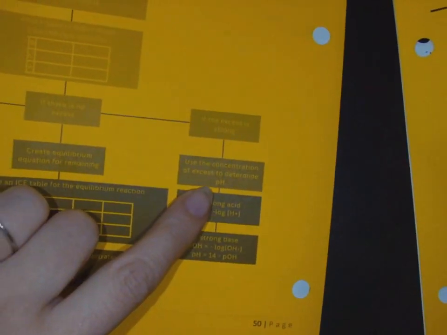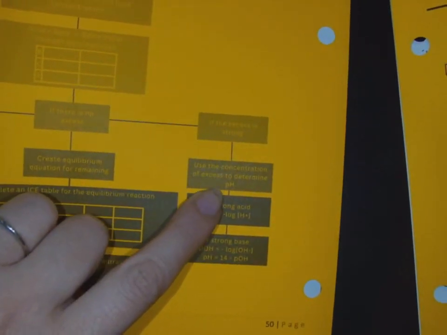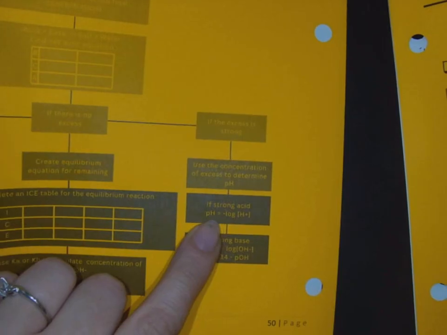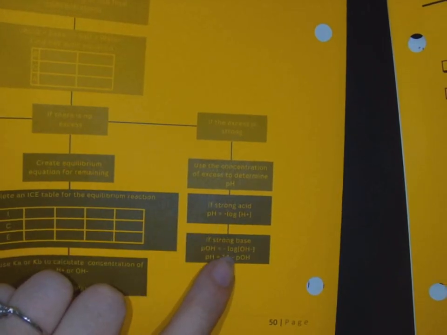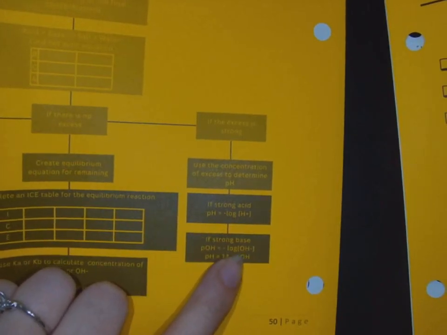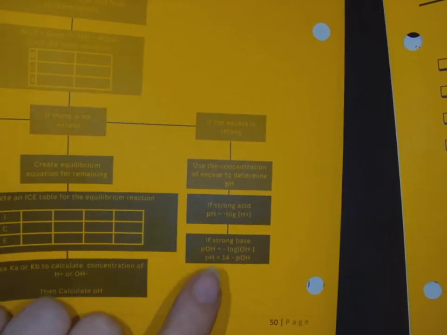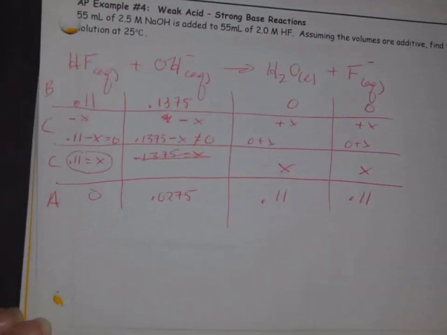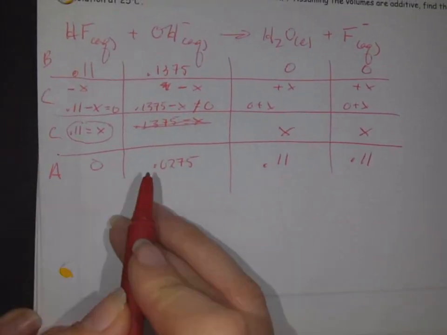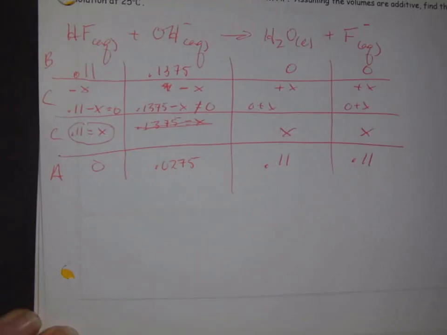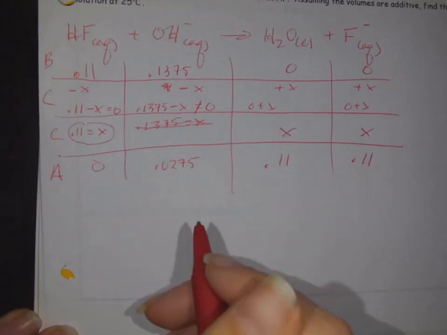we're going to use the concentrations to figure out the pH. Now, if it's a base, we're going to find the concentration of hydroxide, and then once we have our pOH, we'll find the pH. If it was the acid, we get the concentration of H+, and then just do the negative log of that. But we have a base. We have hydroxide.